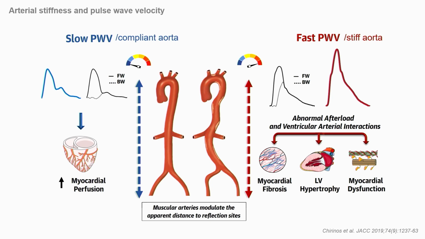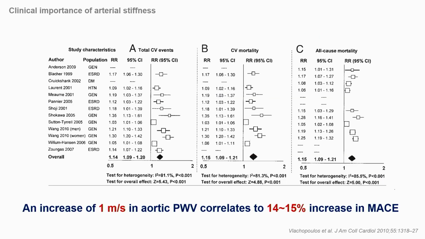On the left-hand side, we have decreased myocardial perfusion in the stiffer aorta, myocardial fibrosis, LV hypertrophy, and myocardial dysfunction. As a consequence, increases in aortic pulse wave velocity are very closely related to increased risk of adverse cardiovascular events. An increase of 1 meter per second in aortic PWV correlates to around a 15% increase in MACE.